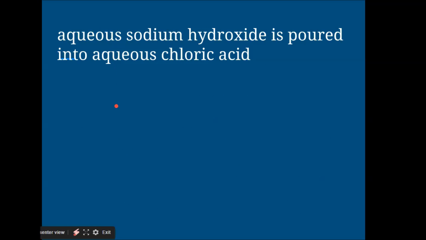All right, and one last example. So we've got aqueous sodium hydroxide is poured into aqueous chloric acid. So chloric acid is going to be hydrogen with a chlorate ion. So sodium is going to go with the chlorate, and then hydrogen ion is going to go with hydroxide, which is OH minus.